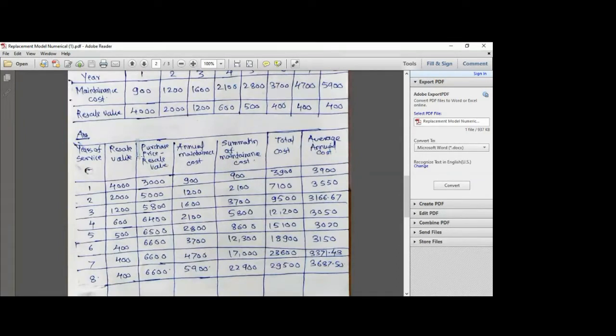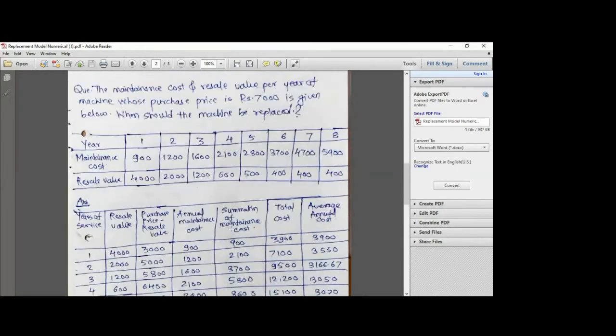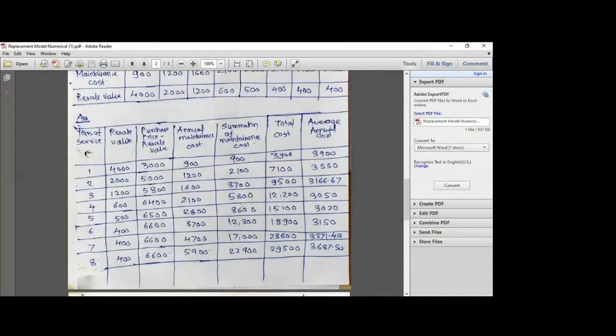Now we are going to find out the purchase price minus resale value for each of these years, right? The purchase price we have is rupees 7,000, and we are going to use this formula. For the first year, it will be 7,000 minus 4,000, which is 3,000. For the next year, it will be 7,000 minus 2,000, which is 5,000. For the third year, it is 7,000 minus 1,200, and hence it is 5,800.